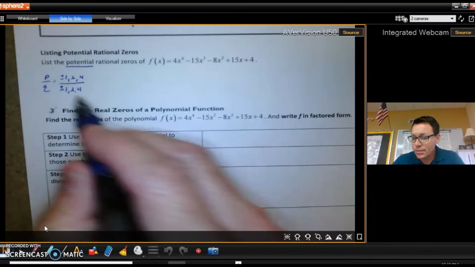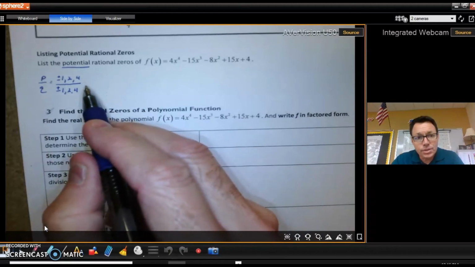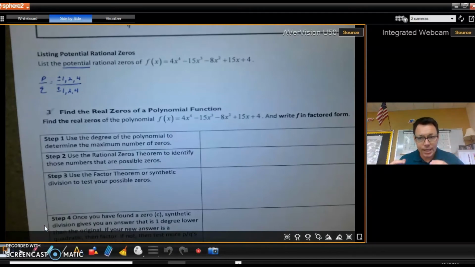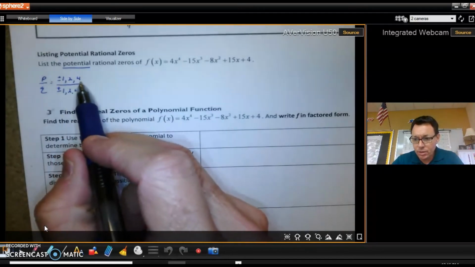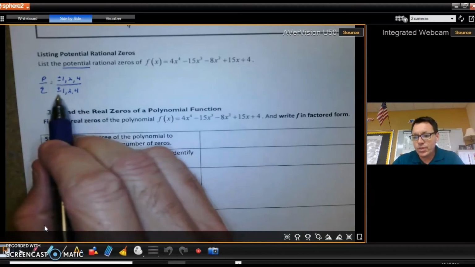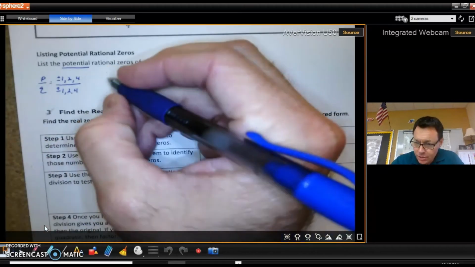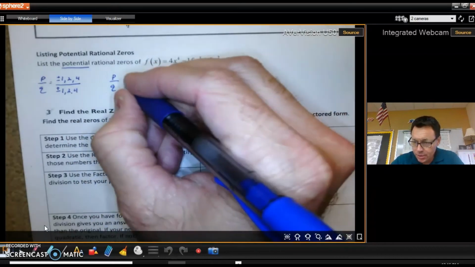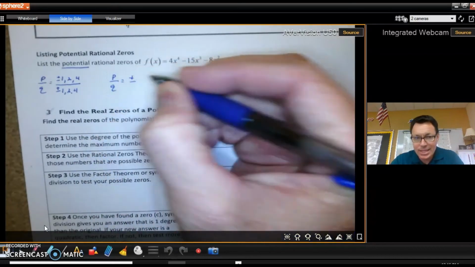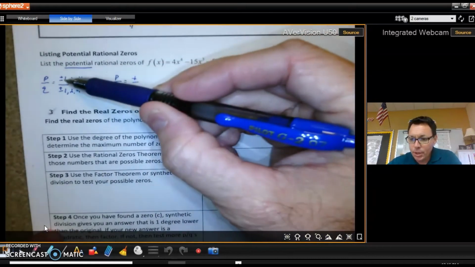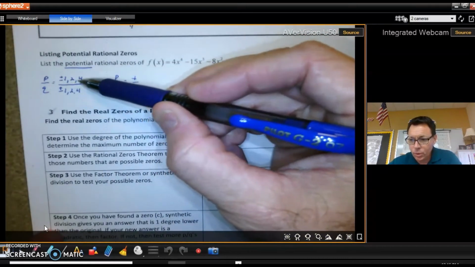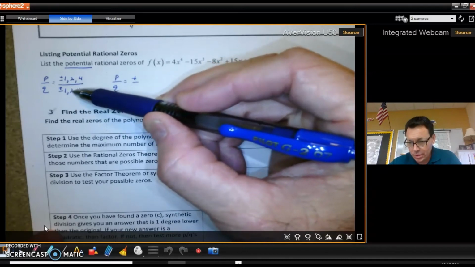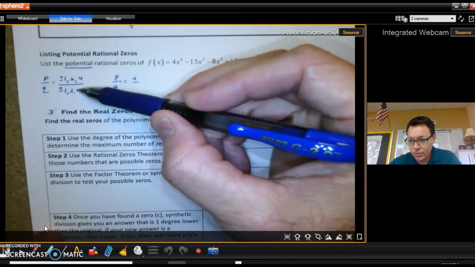Now, this is not our answer yet. Our answer would be all the fractions that we can create by using these 3 numerators combined with these 3 denominators. So our final actual potential zeros would be positive and negative, and then we're going to put 1 over 1, 2 over 1, and 4 over 1, and then 1 over 2, 2 over 2, 4 over 2, and then 1 over 4, 2 over 4, and 4 over 4.